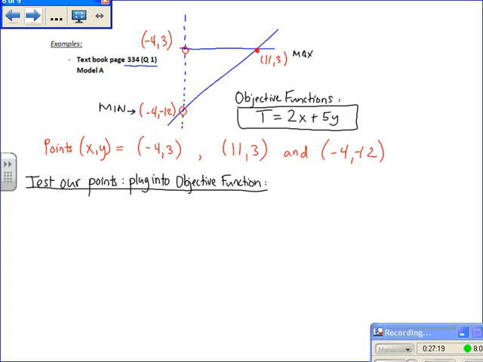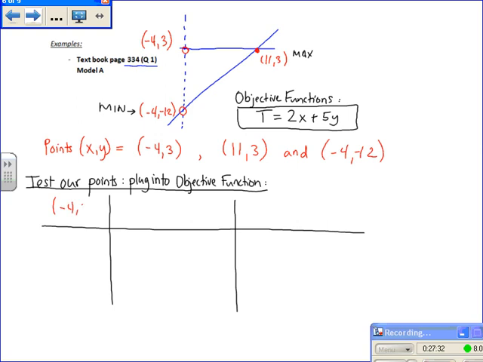I've already got my points up above, and I know my objective function. It's written up there. There are my 3 points, and I'm going to write them out again: -4, 3; 11, 3; and -4, -12. What I'm going to do is plug in those values. Remember that x comes first and then y. I'm going to plug those into my objective function.